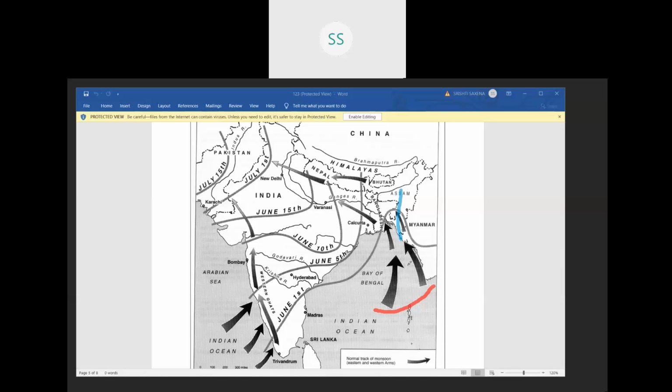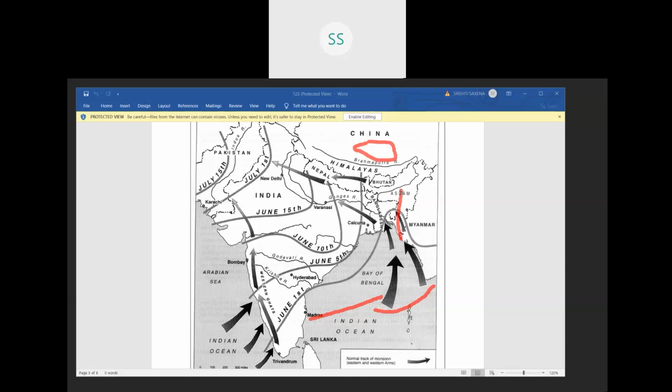Now, why, children, are these winds moving towards Assam? Why are these winds not moving like this towards the eastern coast? There is a reason. We have done earlier where the low pressure belt is. Here we have Tibet, and in the Tibetan plateau there is a low pressure belt.